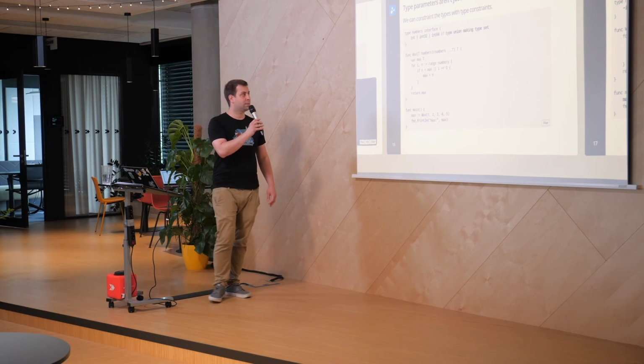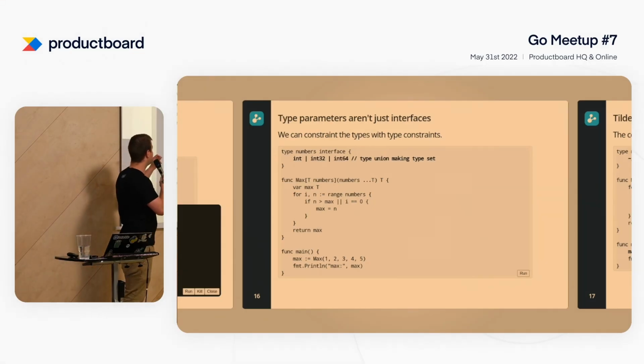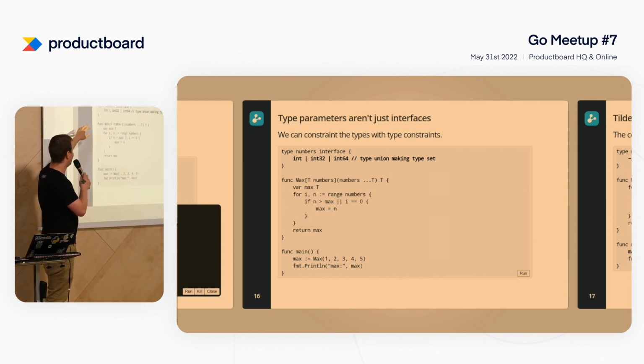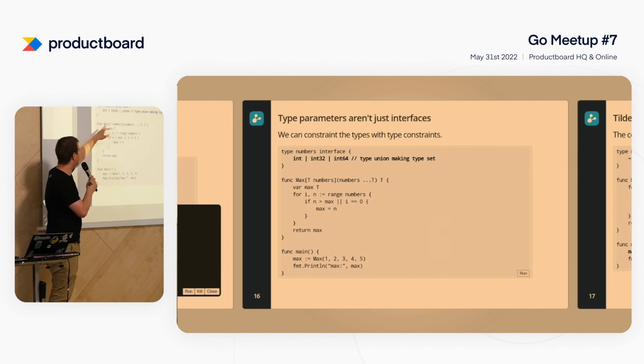What it does is that we can list the types in here, and this union, this typeset, limits that type parameter. So the only types allowed for our max function are int32 and int64.